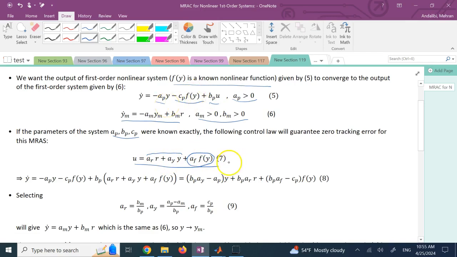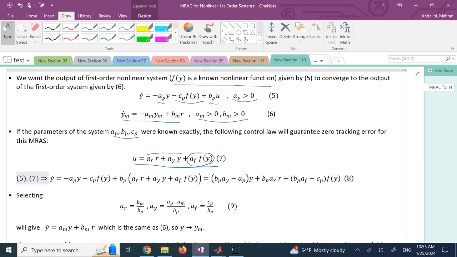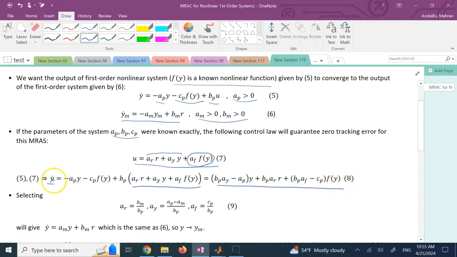So if I plug in basically 7 in 5, I can see that, right? Let me do it. If you plug in 5 and 7, you can see that y dot, if you replace the u from 7 and reorder it, you're going to get this for y dot.